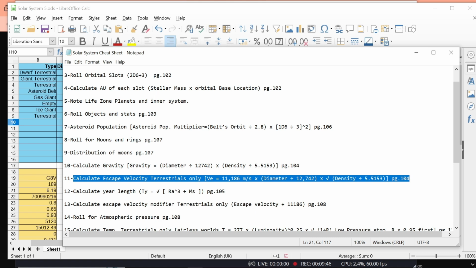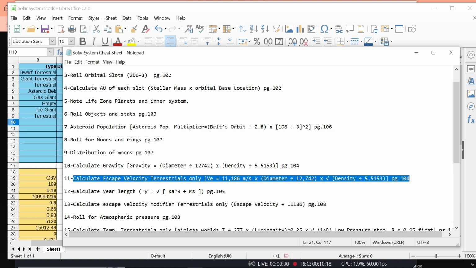The giant terrestrial could get an atmosphere. It has a 1 in 6 chance of getting an atmosphere. But that doesn't come till later on, so we might as well calculate its escape velocity now. I'm probably going to just give it an atmosphere. I'll roll a 6 if I feel like it, just so that it gives us more stuff to work with later on to fill out more charts.